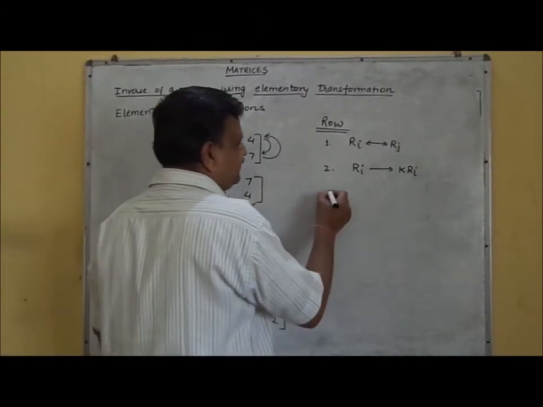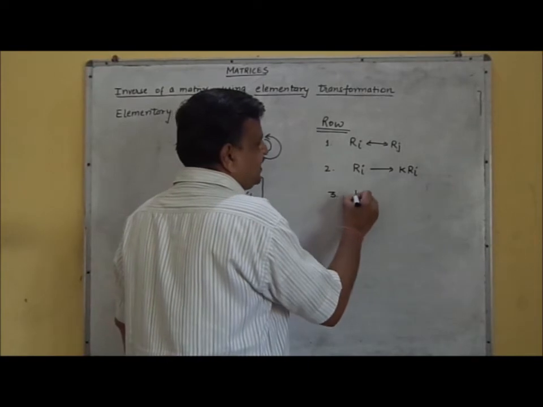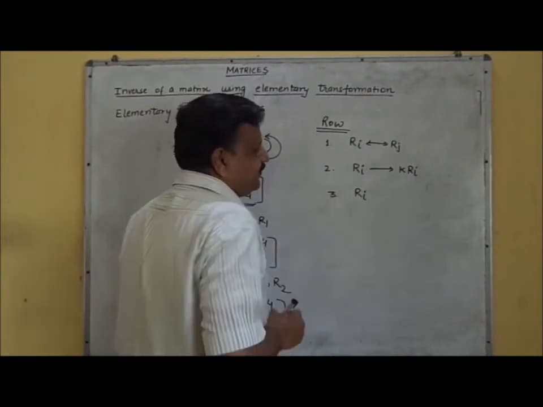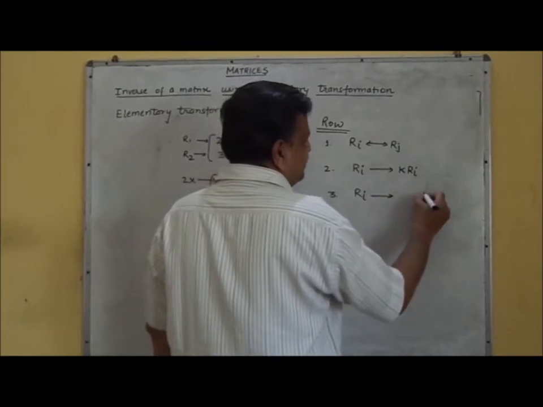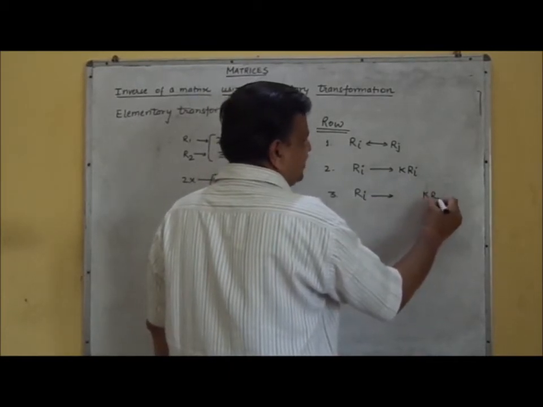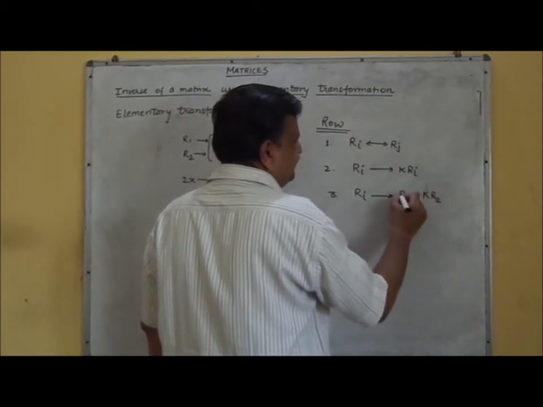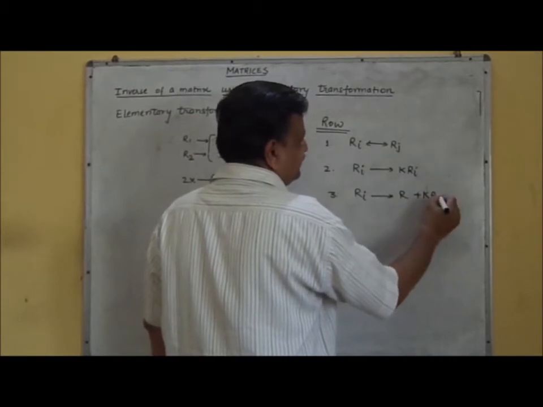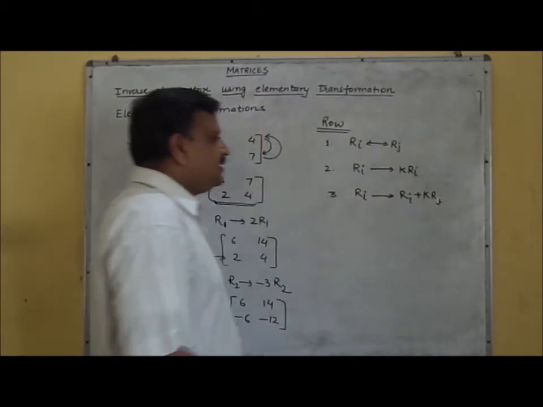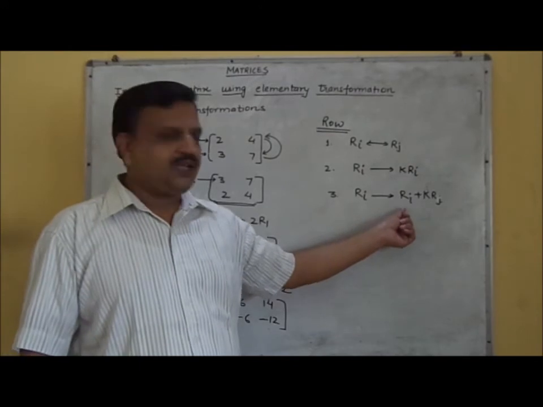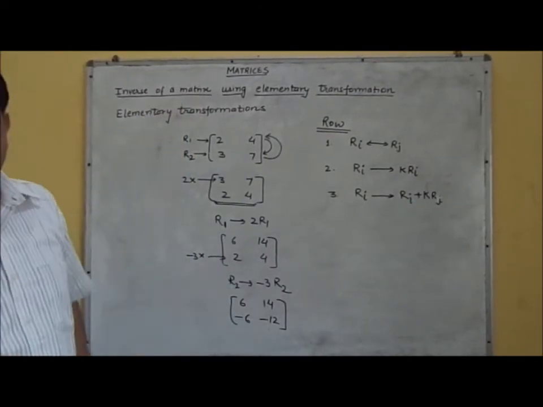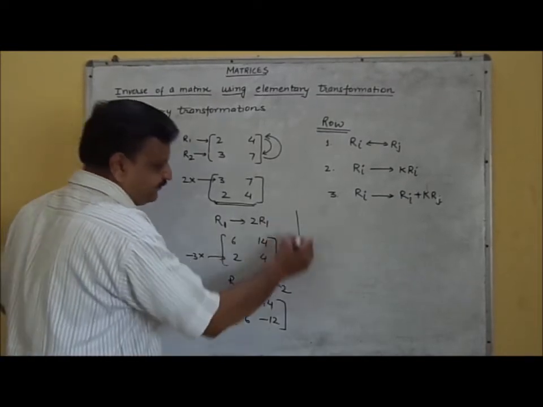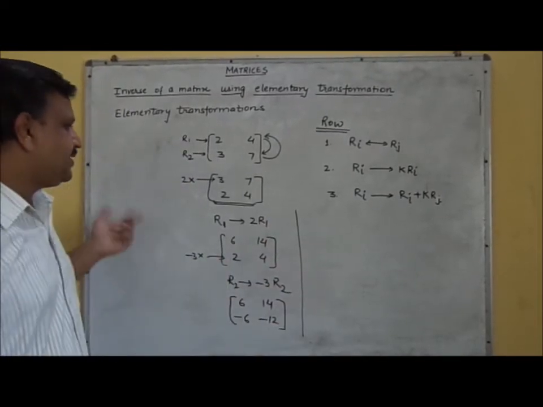Now the third one: we can replace any row by adding a scalar multiple of another row to that particular row. That means Ri can be replaced as Ri plus k times Rj. This k can be positive or negative. Now let us see what it is.